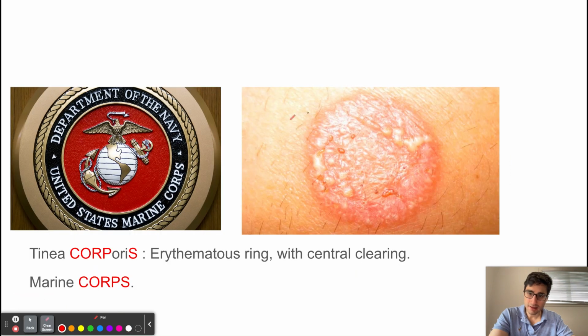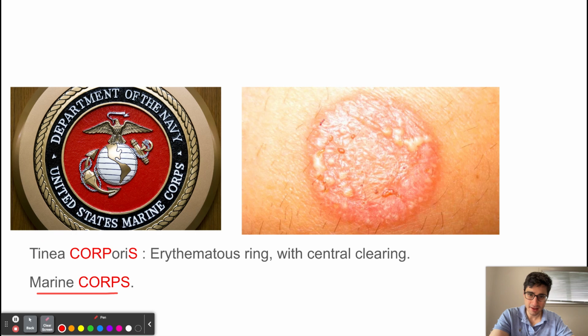Now, in the image that the question has shown us, we had tinea corporis, and here I have a picture of the Marine Corps logo. As you can see, there's this red thing outside, and then there's this central clearing. So this is how I like to remember the presentation for tinea corporis.